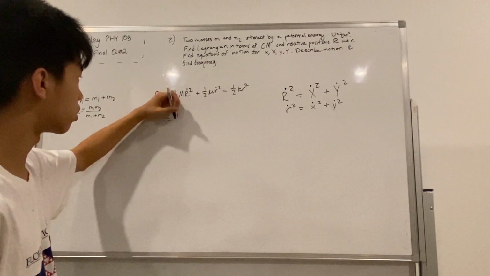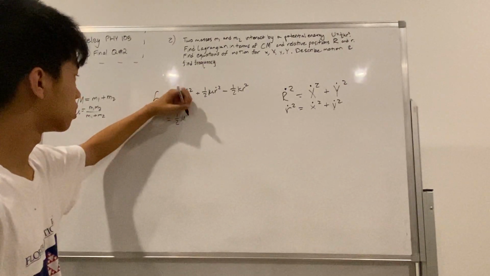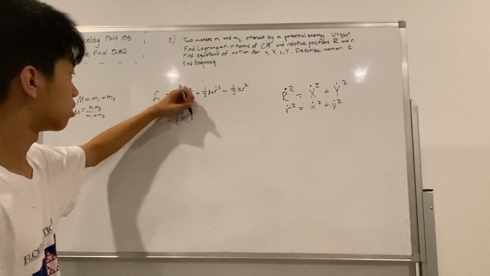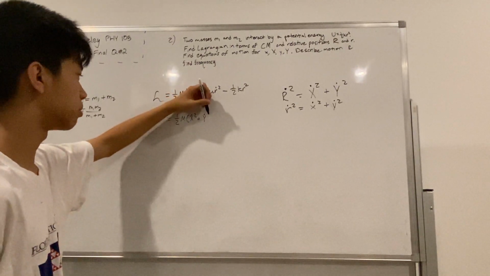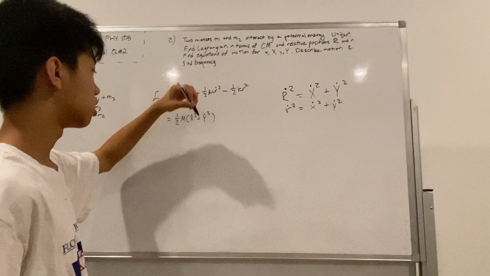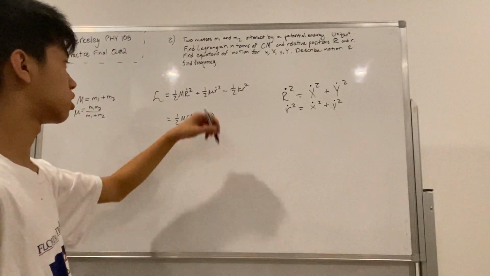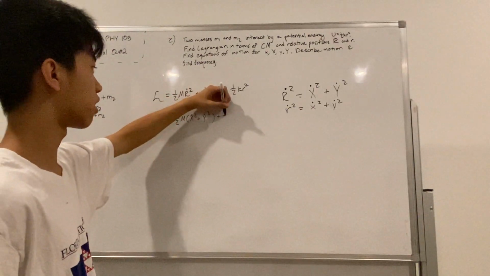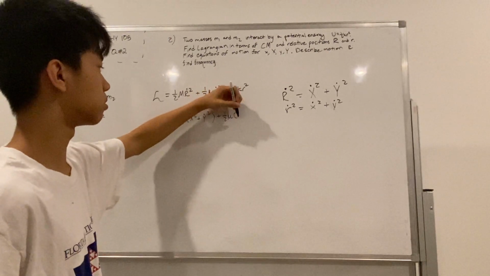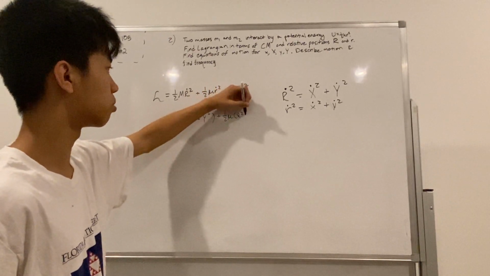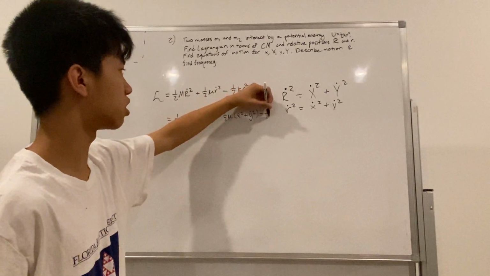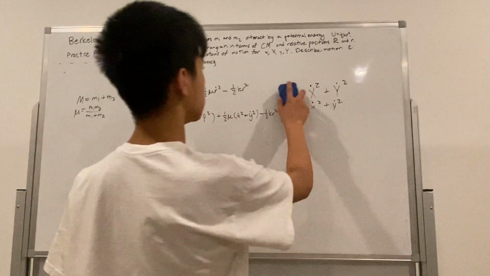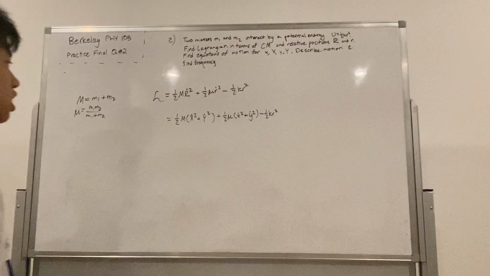So now we'll have 1/2 m times big X prime squared plus big Y prime squared, plus 1/2 mu times little x prime squared plus little y prime squared, minus 1/2 kr squared.